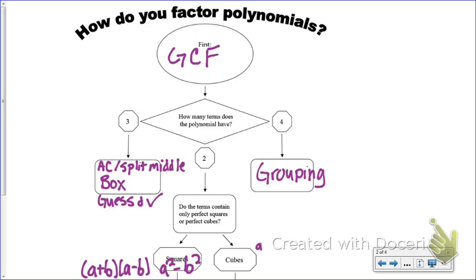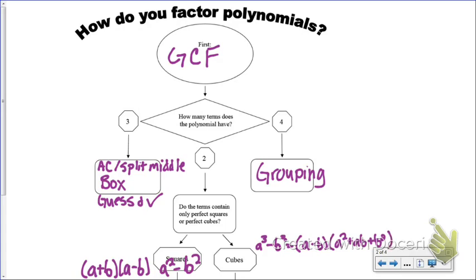If I have a difference of cubes, I know the cube root of a and the cube root of b, and that factors into a minus b, where a is the cube root of the first term and b is the cube root of the second term. And the rest of that is a squared plus a times b plus b squared.